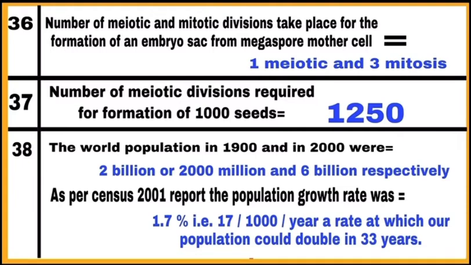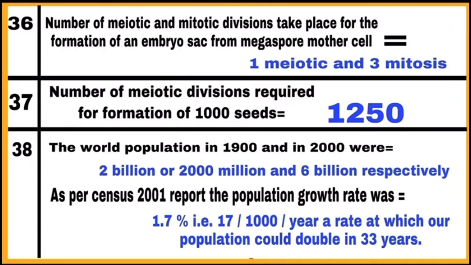37. Number of meiotic divisions required for formation of 1000 seeds. 1250 meiotic divisions are required because here 1000 meiotic divisions are required to get 1000 female gametophyte or embryo sacs and 250 meiotic divisions are required to get 1000 pollen grains.